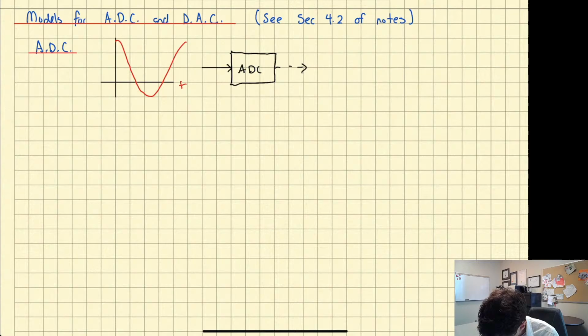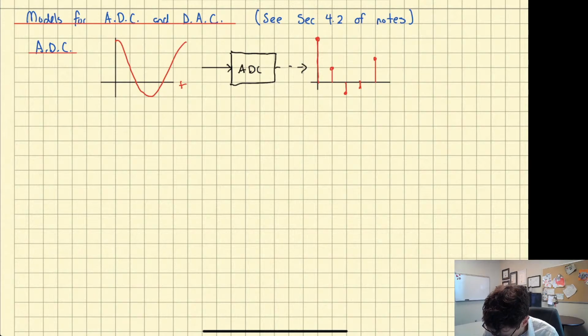Okay, and so for this particular example that I've drawn, it might look something like that.